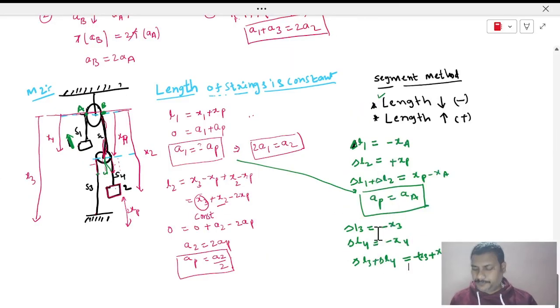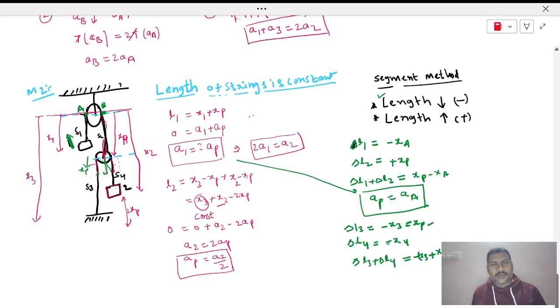So here if you see, delta X3 is equal to XP. Means here delta X3, how much XP is moving down, X3 also decreases that much. Minus X3 is equal to minus XP.